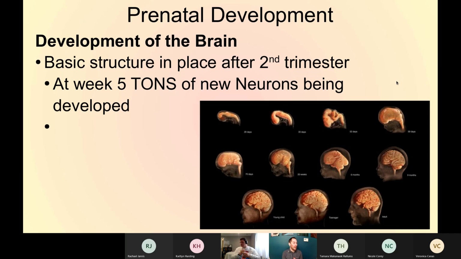So at week 5 is essentially when a ton of new neurons start to be developed. Stem cells at about five weeks start to specialize into neurons. There are other cells in the brain as well that you could think of as a scaffolding for the neurons.